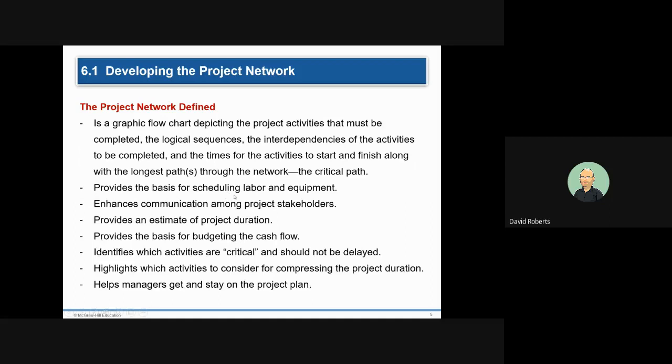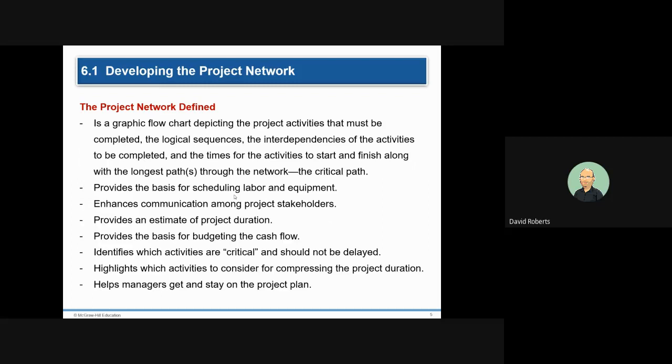The network is simply a flowchart that shows the sequences. You may have seen one of these. All of the schools will have what they call a scope and sequence document that the academic advisors will have. The scope is the different types of courses: econ, accounting, marketing, supply chain, whatever.